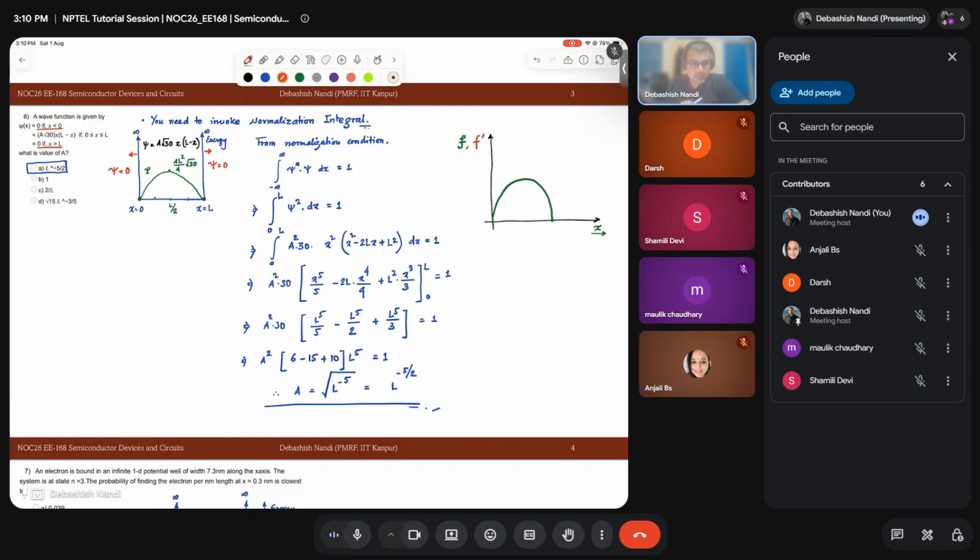Let's say F dash. How will my F dash look like? At this point, my F dash is 0. At this point, my F dash is negative infinity. So it will simply look like this, right? This is your F dash, the red plot.